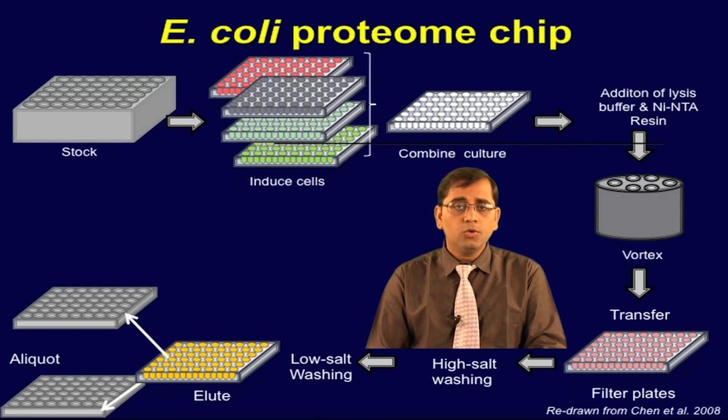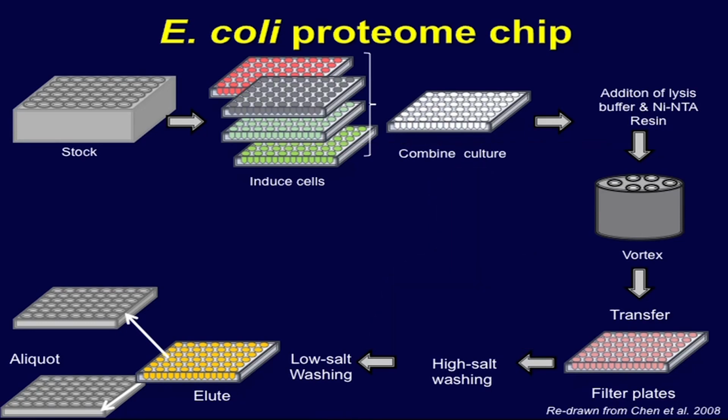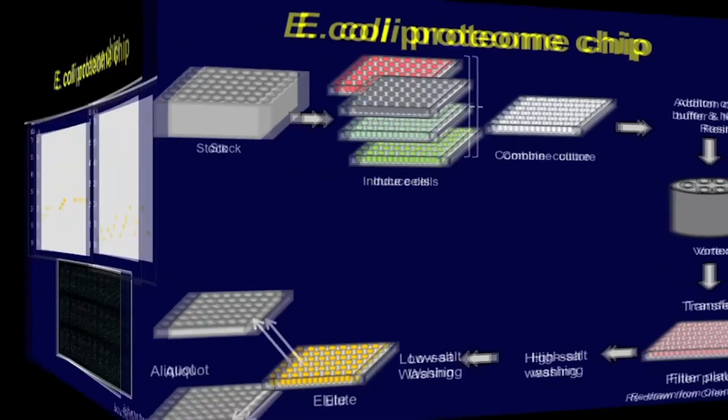This is the E. coli proteome chip manufactured, and to do that authors have used a 96 well plate format for high throughput E. coli protein expression and purification.